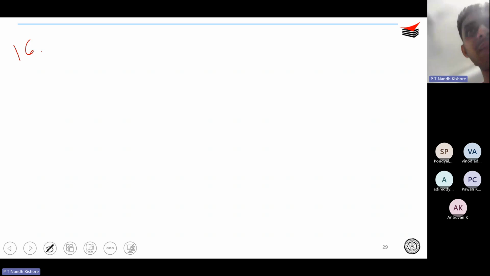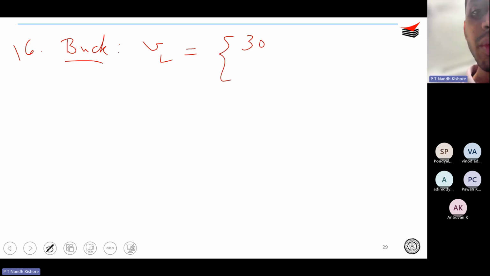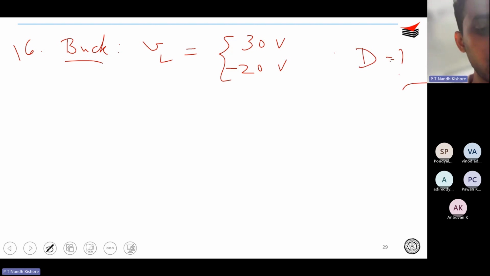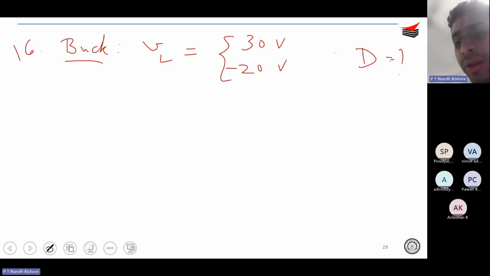Okay, the question is: in a buck converter, the voltage across the inductor VL varies from 30 volts to minus 20 volts. Calculate the duty, or the period for which the switch is on. So the voltage across the inductor varies from 30 volts to minus 20 volts. Calculate the duty.